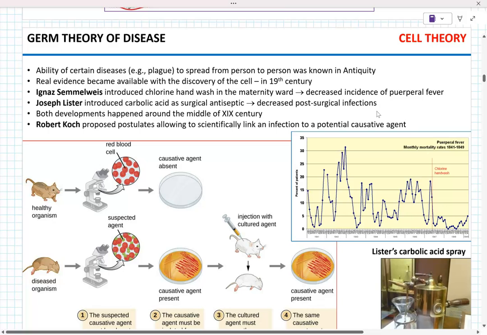Now the actual solid connection between the idea of disease being caused by infectious agents started in the mid-19th century with Ignaz Semmelweis, a Hungarian physician who worked as a chief medical officer, let's call him this way, of a hospital in Vienna, Austria.